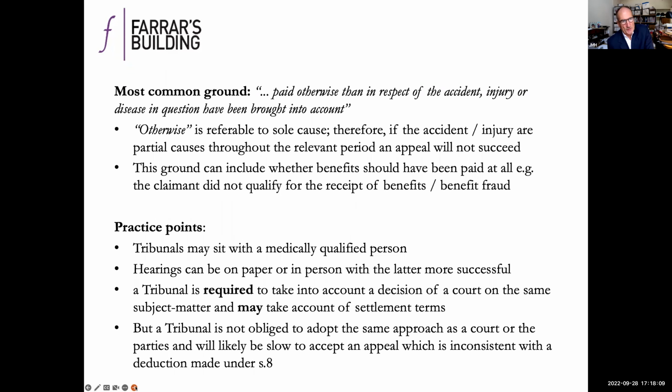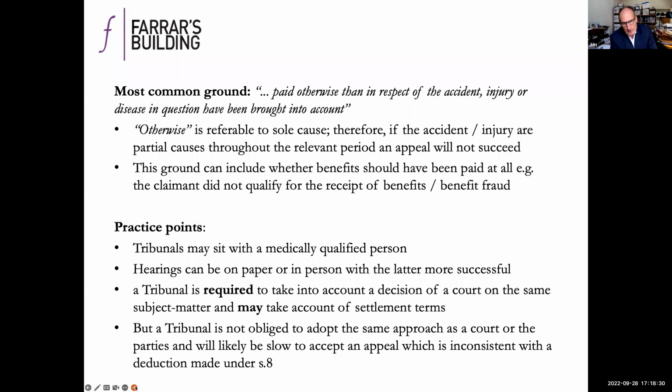So the most important ground is paid otherwise than in respect of the accident, injury or disease in question have been brought into account. Now, here, what we're talking about otherwise is referable to sole cause. And the test here that we're looking at is talking about effective causes.